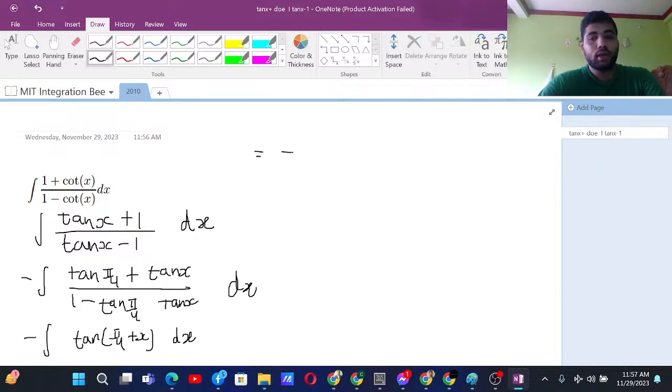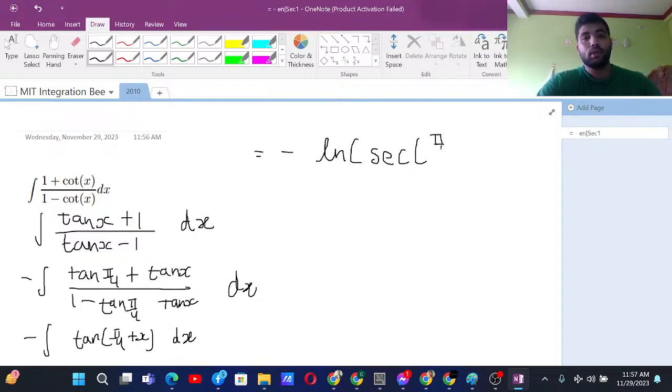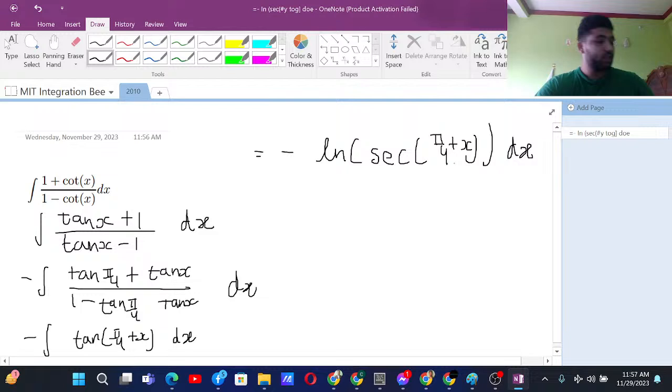So this will be minus of the integral of tan x, which is ln of sec x. So we have ln of sec(pi/4 plus x), and the coefficient of x is just 1, so we don't need to do anything else. And yeah, this is the answer.